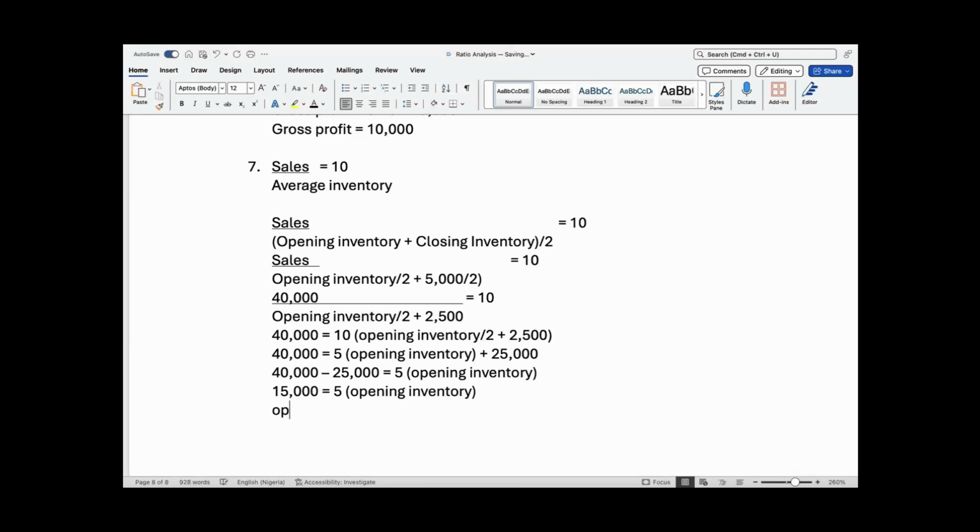Then what's my opening inventory? 3,000. So I'm dividing 15,000 by 5. That's 3,000. Okay. So instead of all this, it depends on how good you are with mathematics, really. You could have solved this in varieties of ways.